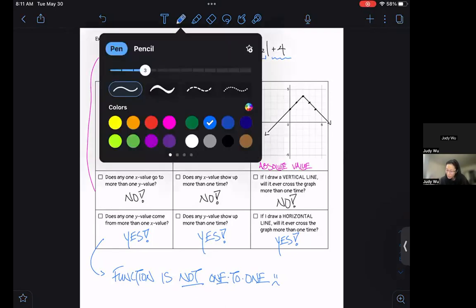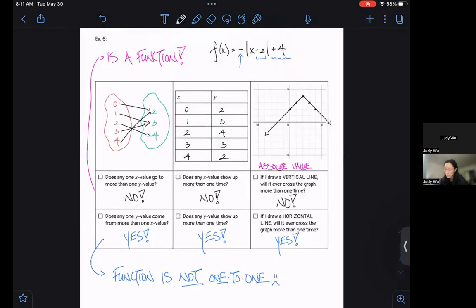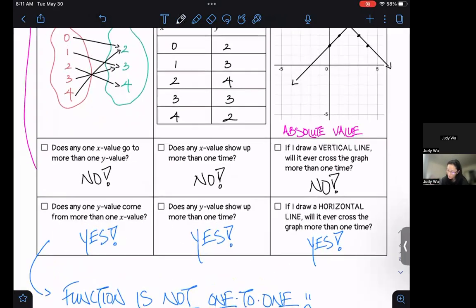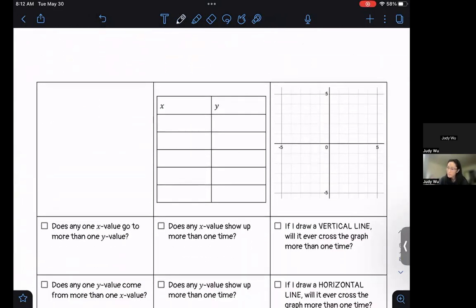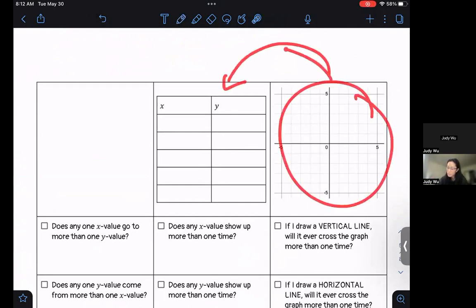All right, let's take a look at one more example together. That'll be example 7, and that'll be the end of this part 2. All right, so let's start this time. I'm going to give you a picture, and then we're going to use our graph to go ahead and fill in our table and fill in our mapping diagram.